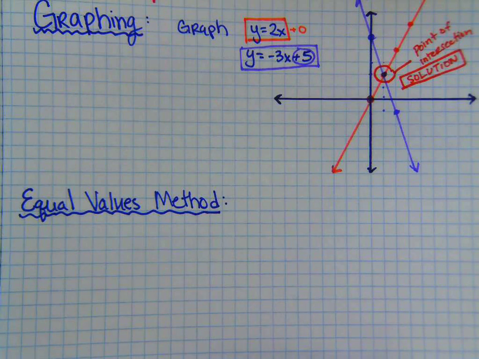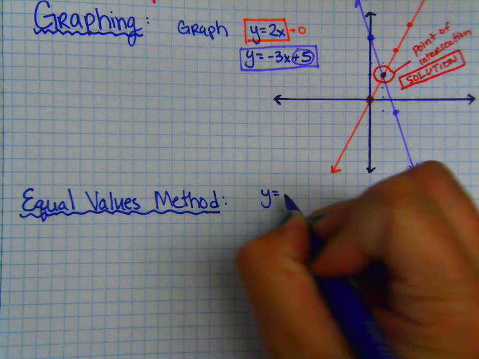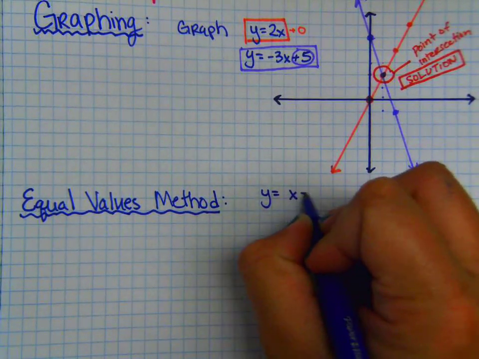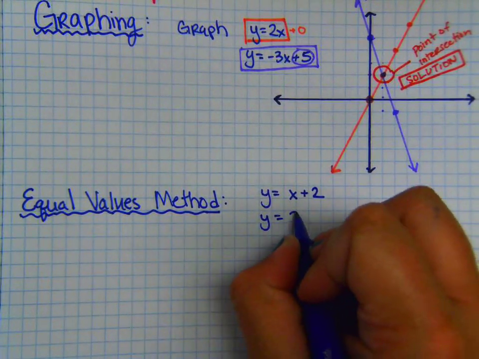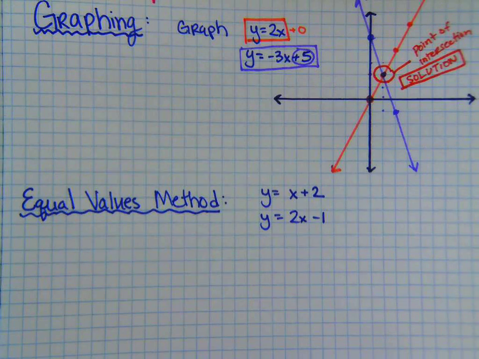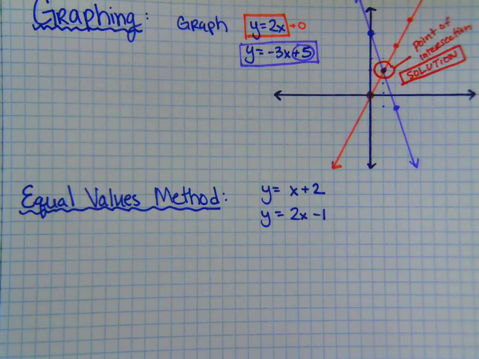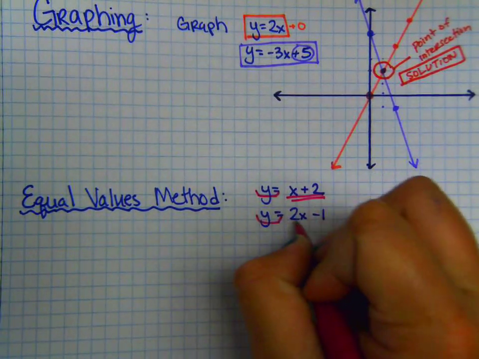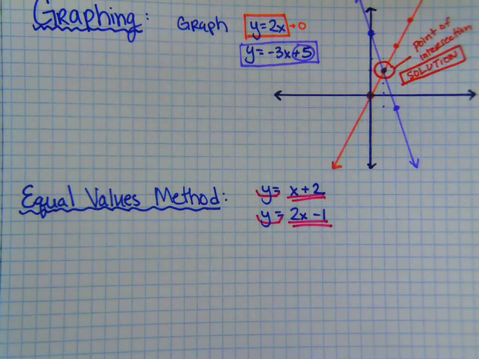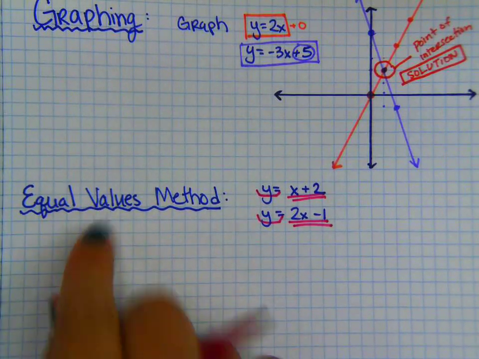So for example, we could have y equals x plus 2 and y equals 2x minus 1. I'm going to choose to use equal values method here because we have a y equals this and we have a y equals that. Since they're both y equals, I can set them equal to each other. That's why it's called equal values method.